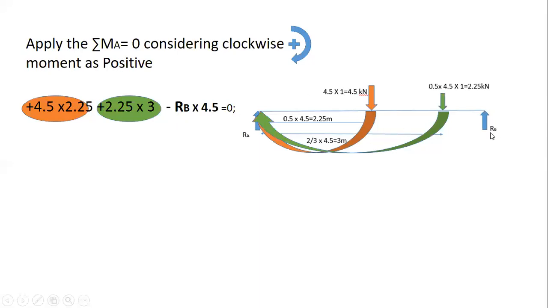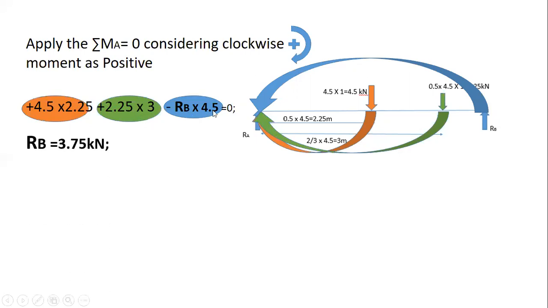And the third load is the reaction at B. It is creating an anti-clockwise moment about point A, so you have to keep point A fixed and apply the load as it is. That's why I have taken it as minus R_B into the perpendicular distance, which is the span, that is 4.5 meter. This should be equal to 0 according to our equations of equilibrium.